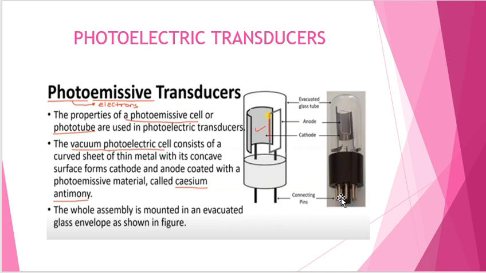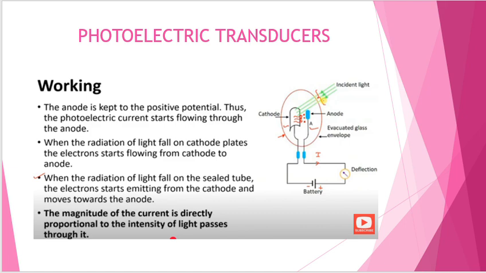Now let's take a look at how it works. This is our phototube. In the phototube there are terminals, one for the anode and another for the cathode.